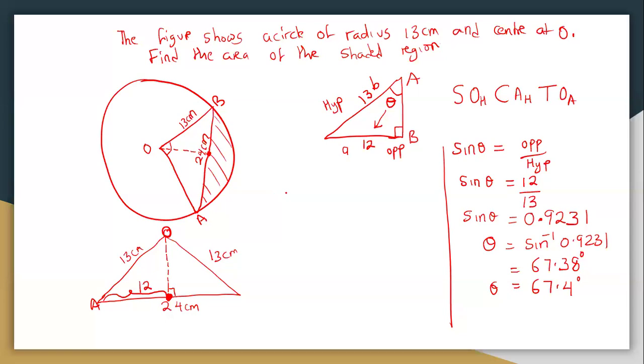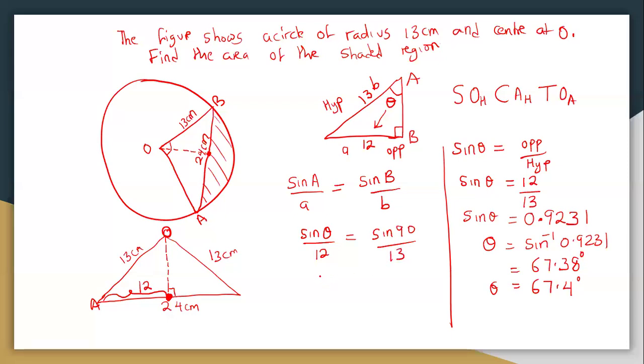Then I stated sine A divided by small a is equal to sine capital B divided by small b. Then I continued with sine theta divided by 12 is equal to sine 90 divided by 13.